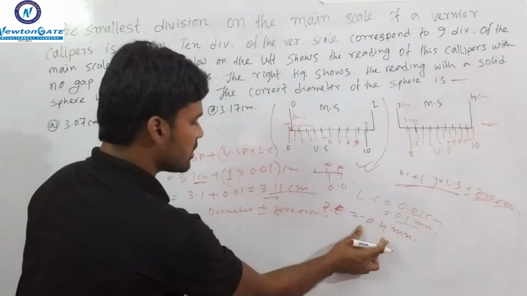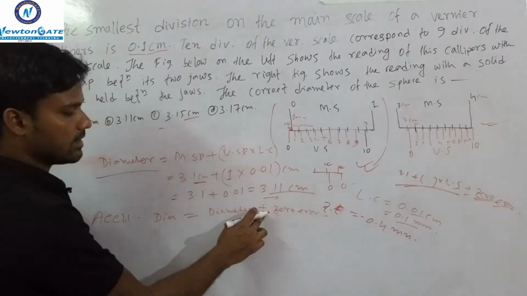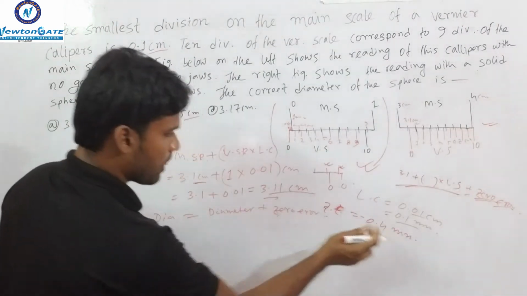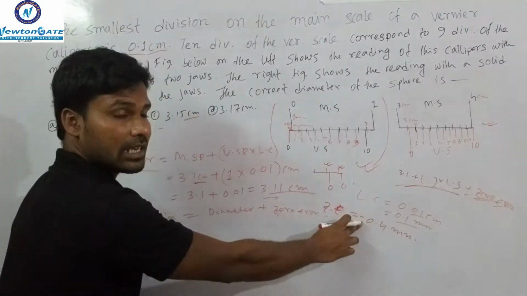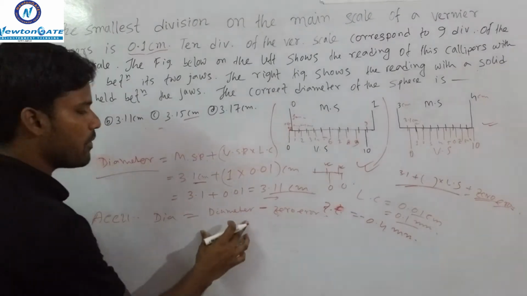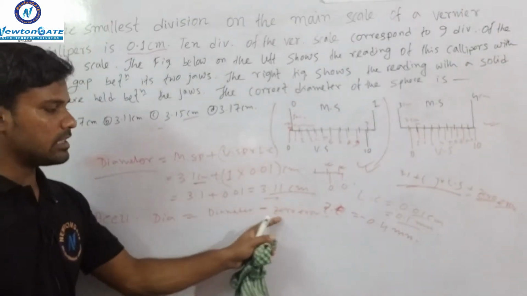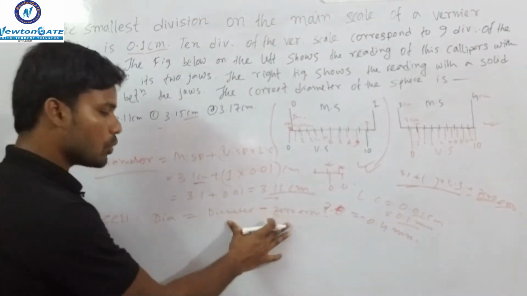Here it is a negative zero error, that means you should add it, without putting the negative sign. Or in generalized form you can put diameter minus the negative zero error. For positive zero error you can also use this equation, and for negative zero error you can also use this equation.